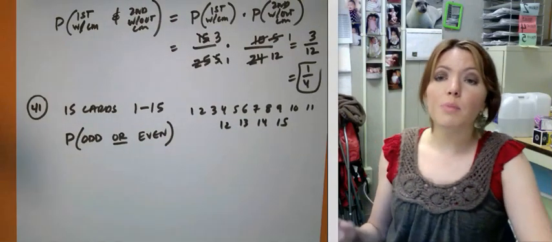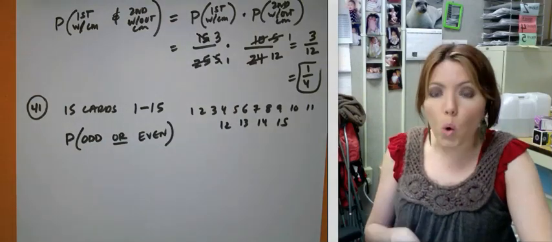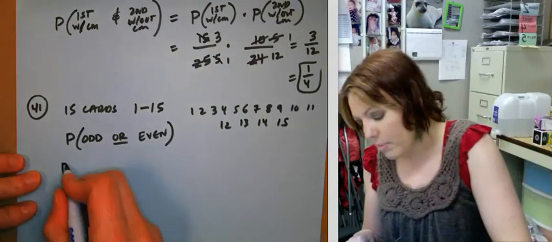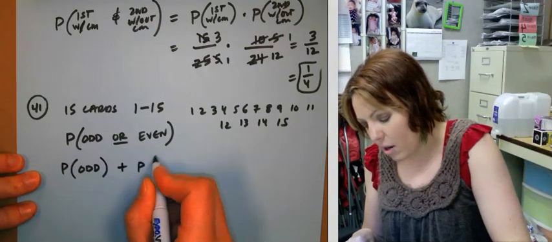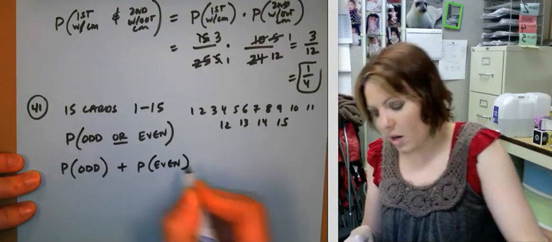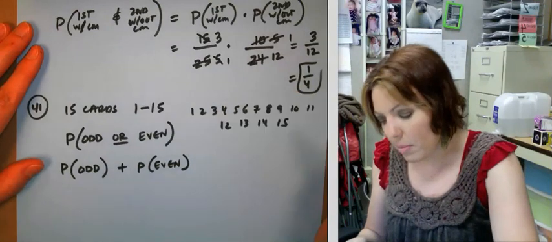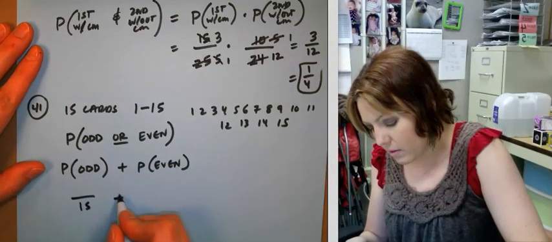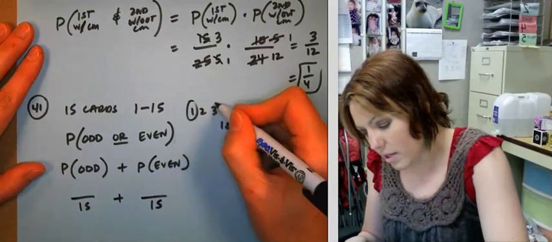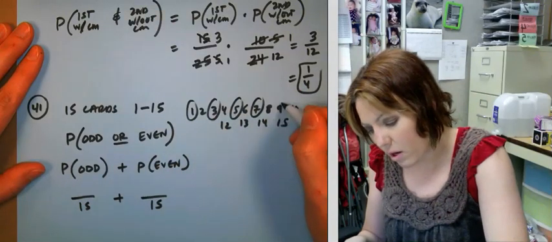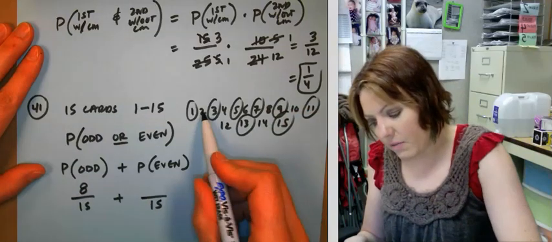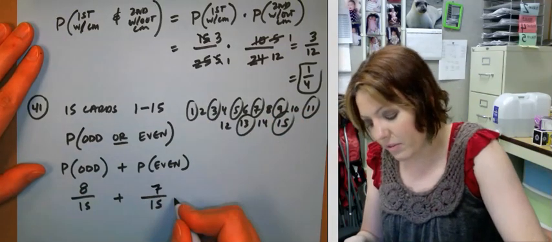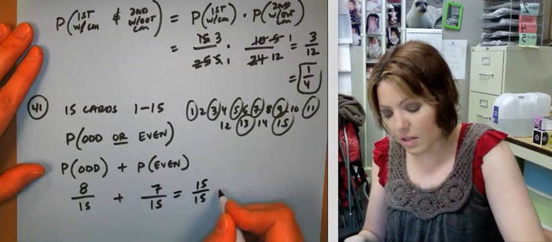When you're finding the probability of one thing happening or another, you add the probabilities together. So the probability of an odd plus the probability of an even. If we look here, the probability of drawing an odd is 8 out of 15, and the even, 7 out of 15, gives 15 out of 15, or 1.